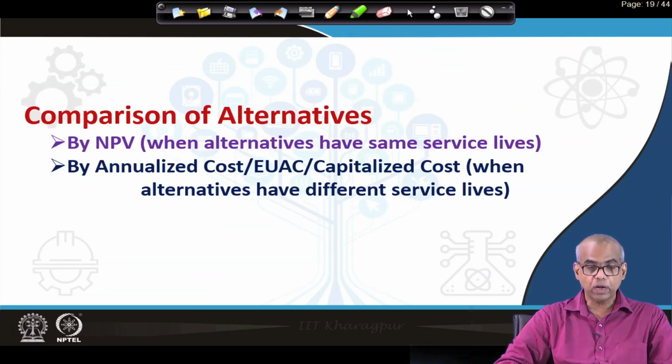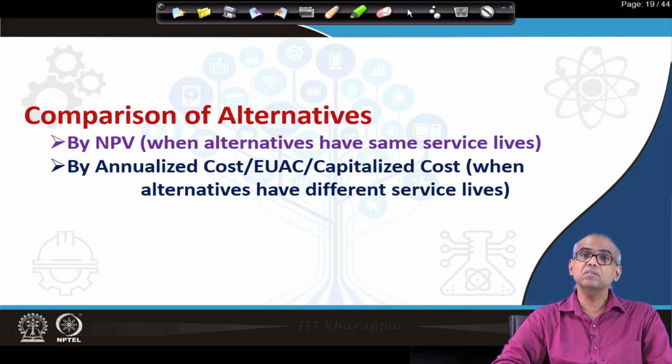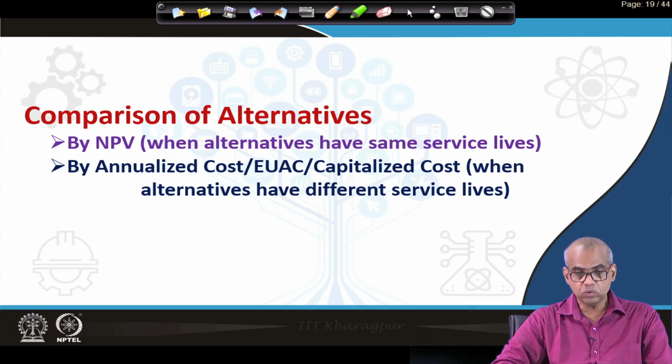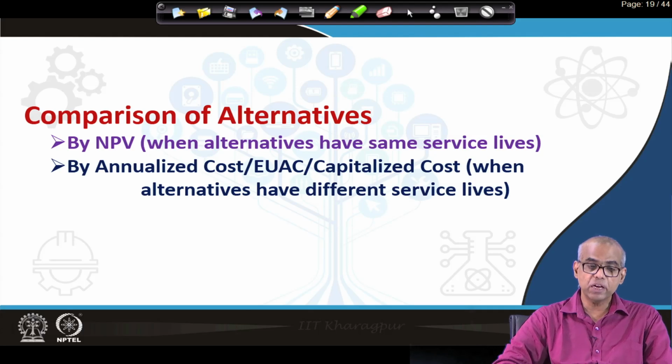Now, we talk about comparison of alternatives. We will talk about comparison of alternatives by two different methods: net present value, and we will use net present value when alternatives have the same service lives.